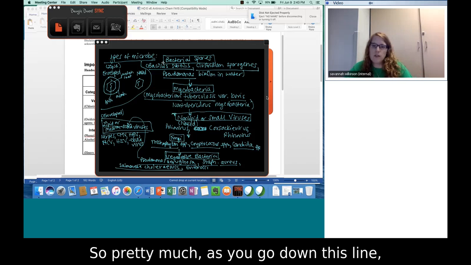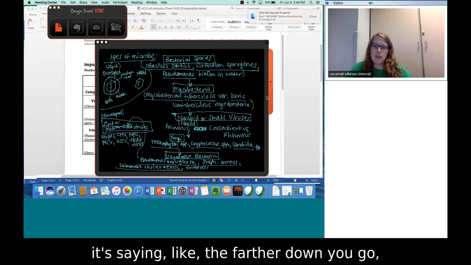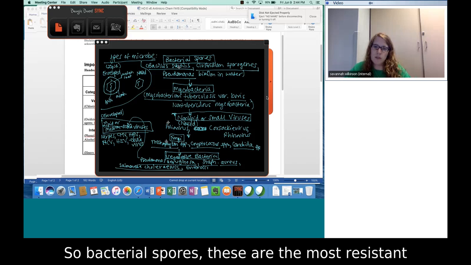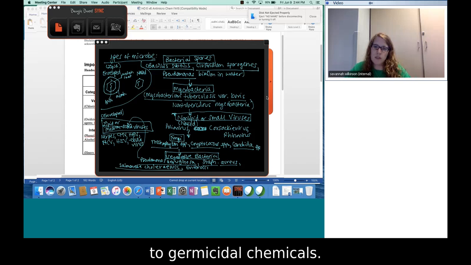So pretty much as you go down this line, the farther down you go, the less resistant to germicidal chemicals they are. So bacterial spores, these are the most resistant to germicidal chemicals. Okay. So make sure that I got that.